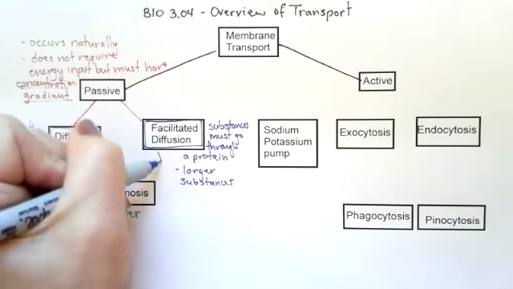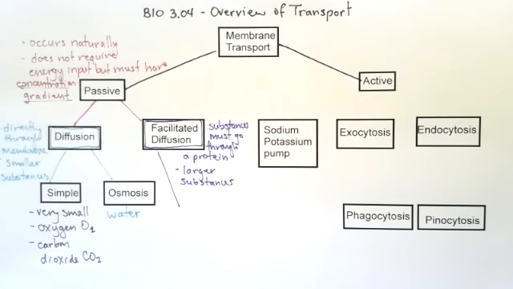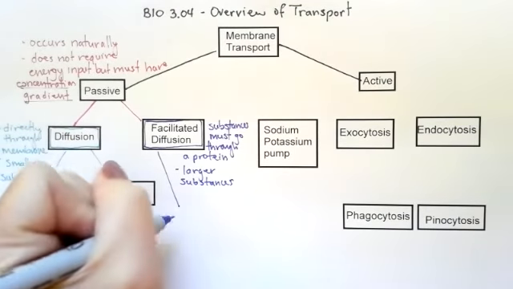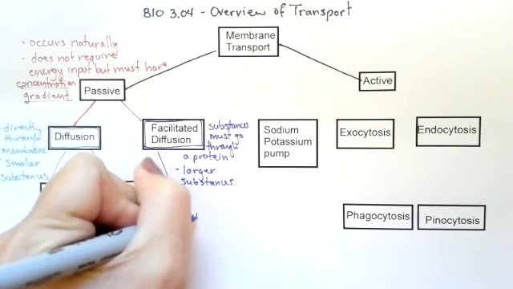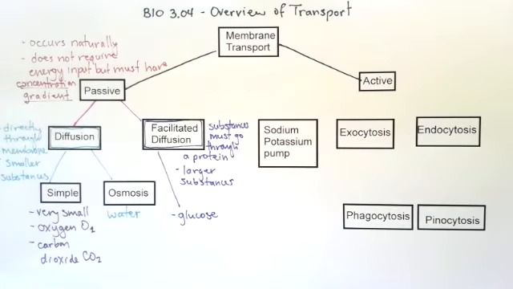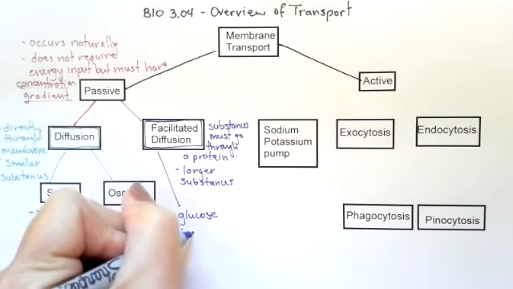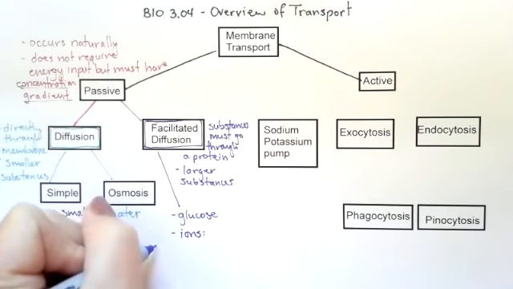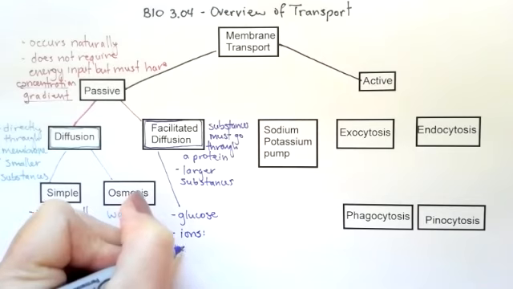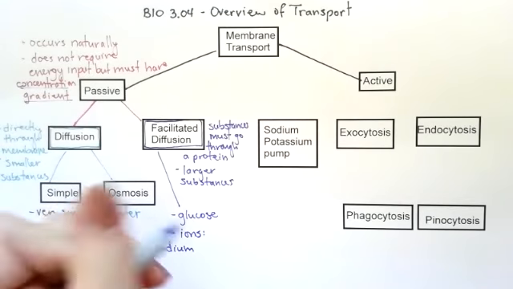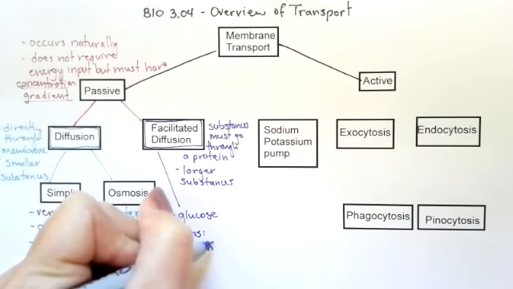So what are we talking about? What compounds go across with facilitated diffusion? We have glucose, and glucose is, even though it's a monomer, even though it's a monosaccharide, kind of a big molecule. We also have ions, and these are sodium, chloride.